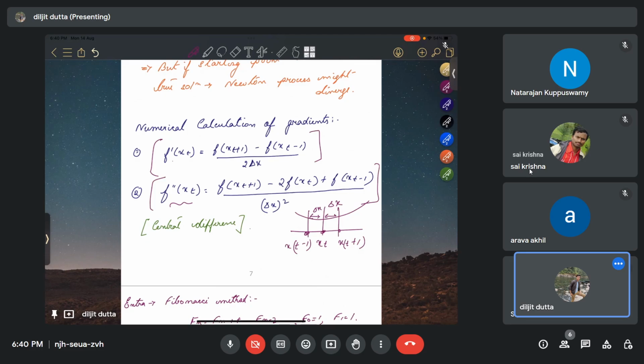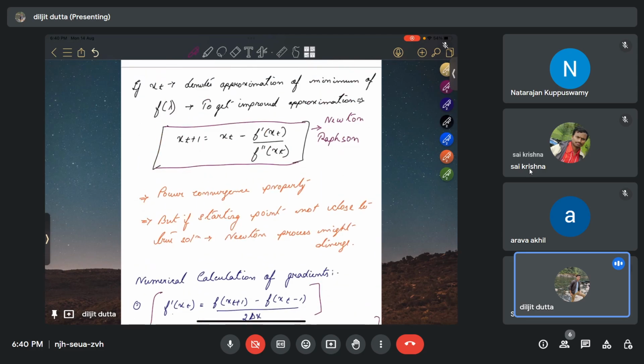So I won't go into the derivation of these formulas. These are well established formulas. So numerically we can get the values of f, f dash and f double dash, and after we get them, we can put them in the formula and get the optimal solution after the required number of iterations.